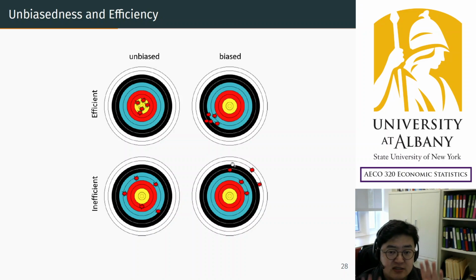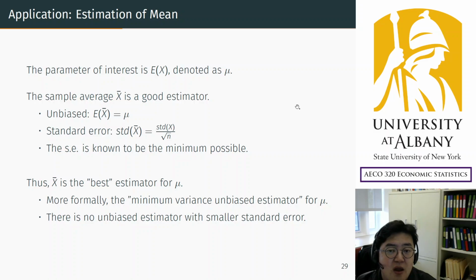Okay, so I think this is a simple analogy and easy to understand compared to the estimation problem. Now let's apply our criteria to specific cases. In the case where we are estimating the population expectation, we have a random variable.